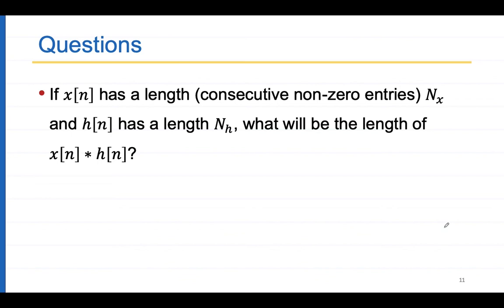Now if x of n has a length nx, which means the number of consecutive non-zero entries, so if this is my n and this is my x of n, these consecutive entries are non-zero and everything else is 0.